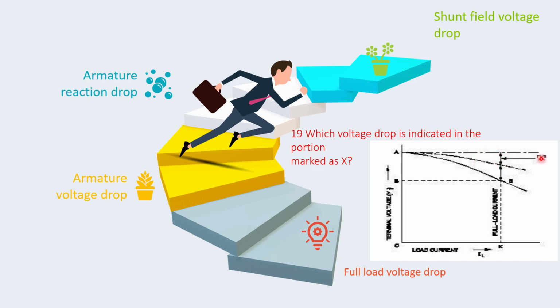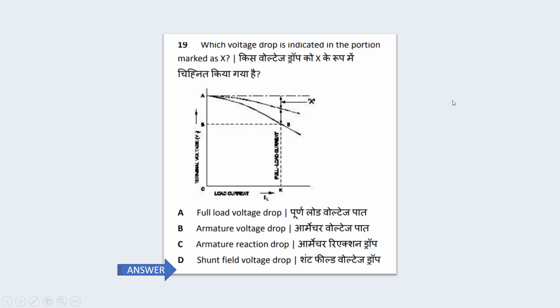You have to tell the answer. Full load voltage drop, armature voltage drop, armature reaction drop, shunt field voltage drop. The answer is armature reaction drop. Okay.